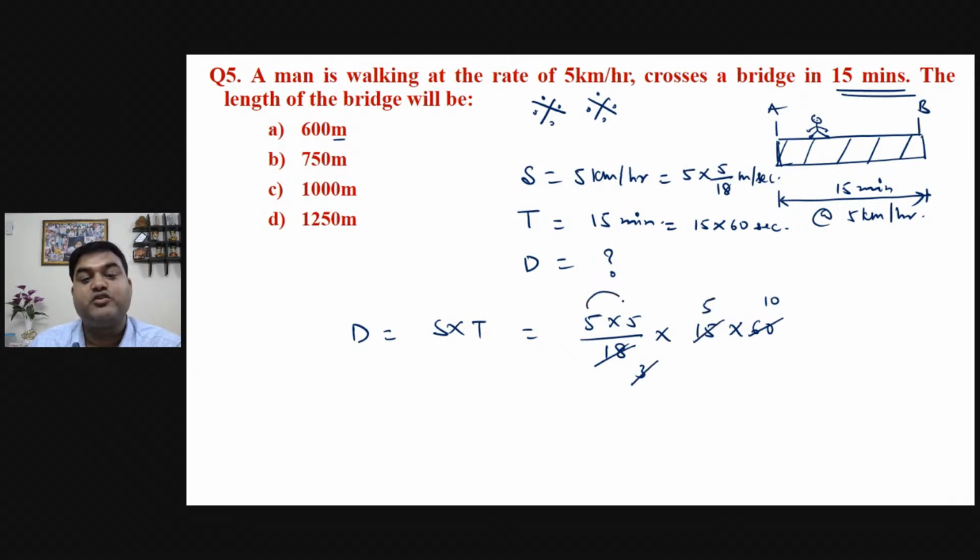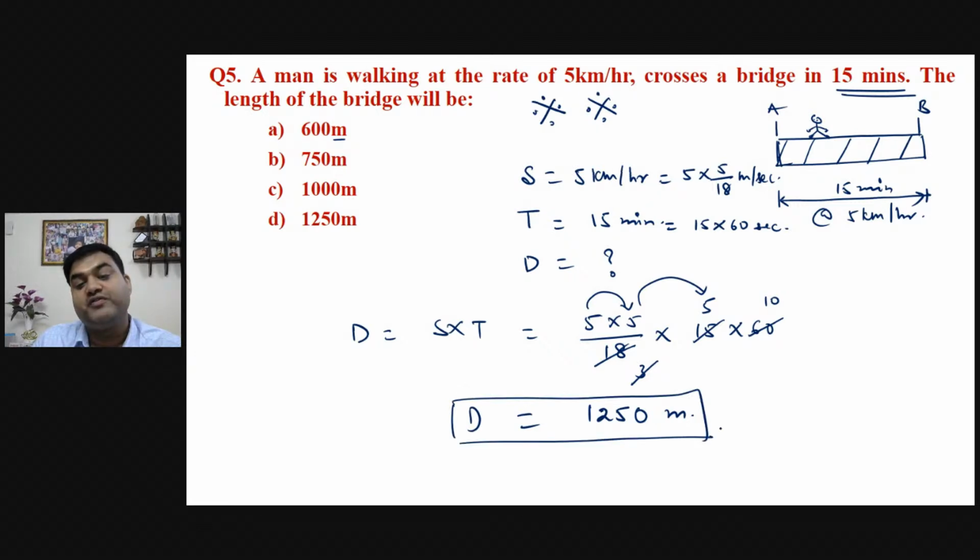So 5 into 5 is 25, into 5 is 125, and this 0 is 0. So the distance will be 1250 meter. Option D is the right answer. Hope you got it. This was an important question, but at the starting level. Wonderful, people are getting the answer.